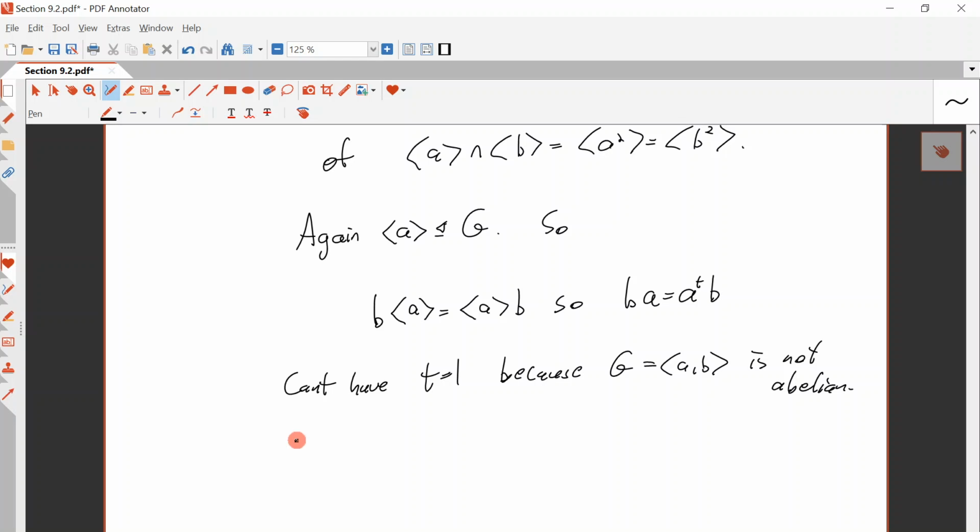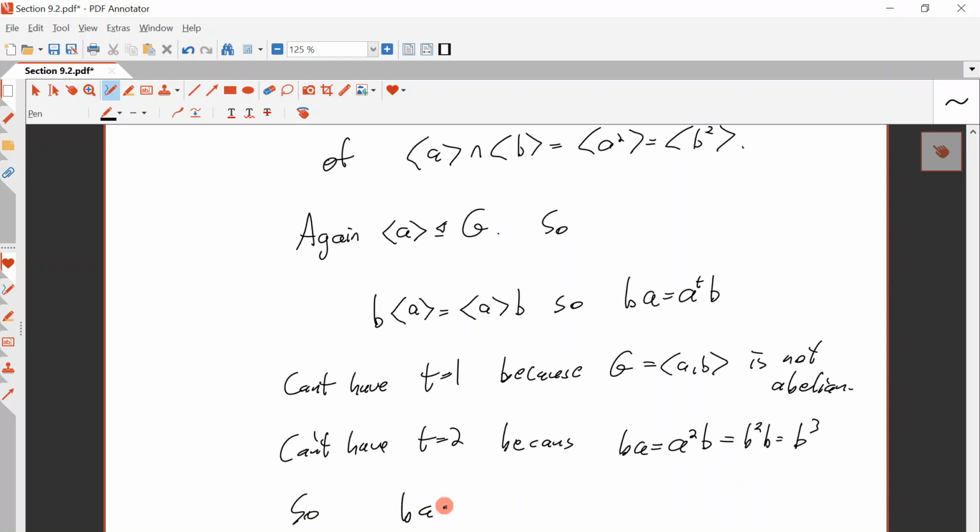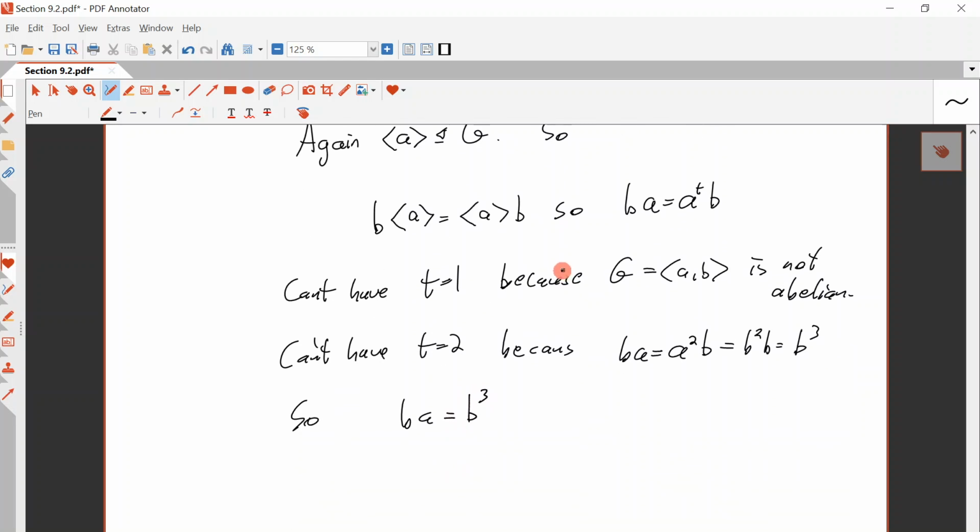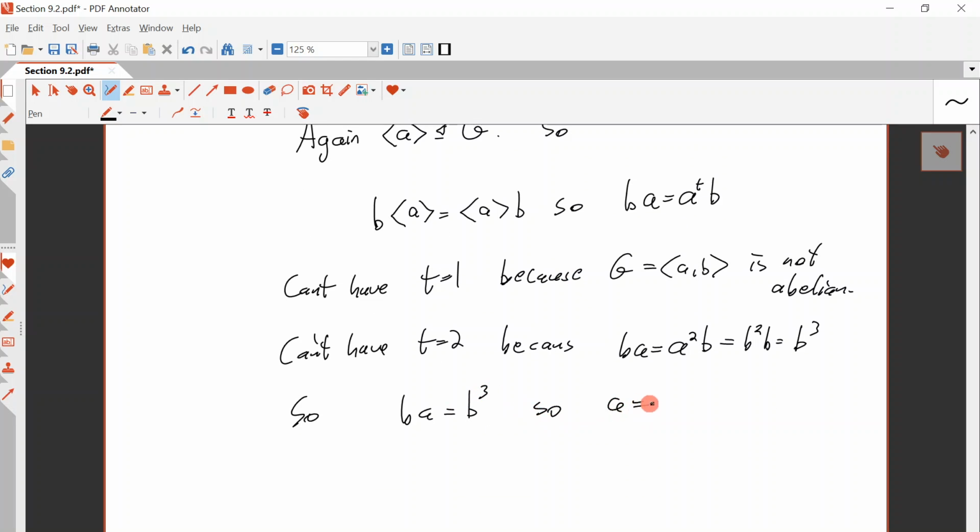Can it be T equal to 2? Can't have T equal to 2 because BA would be equal to A squared B. A squared was B squared, right, which is equal to B to the third. Right, so BA is equal to B to the third. So A is equal to B squared, canceling the B's.